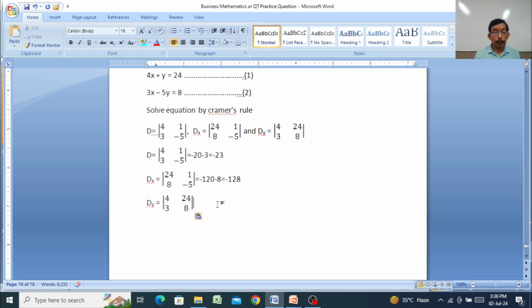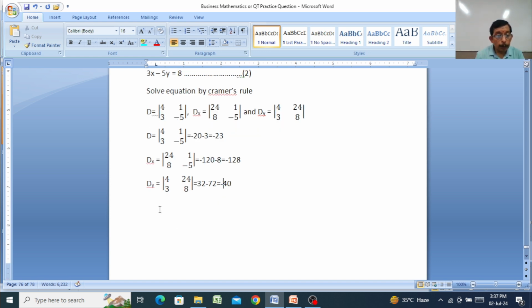Dy is the difference of the cross multiplication of the elements. 4 times 8 is 32, minus 72, that is minus 40.